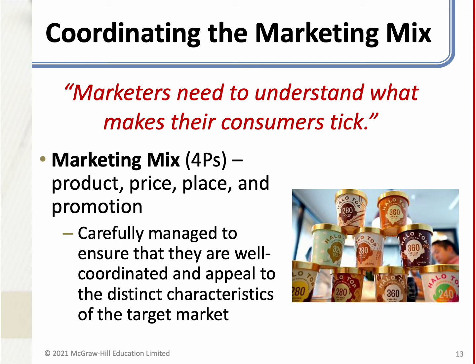The elements of the marketing mix consist of product, price, place, and promotion. Each element is well coordinated and managed by marketers to appeal again to that target market. Product is a good, a service, or an idea that is designed to satisfy the customer needs.